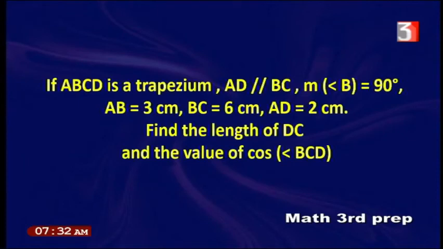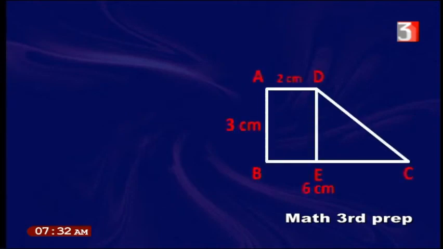First of all, we must draw this trapezium ABCD, in which angle B is 90 and AD is 2, AB is 3, and BC is 6. We have to draw the trapezium ABCD as that in front of you.